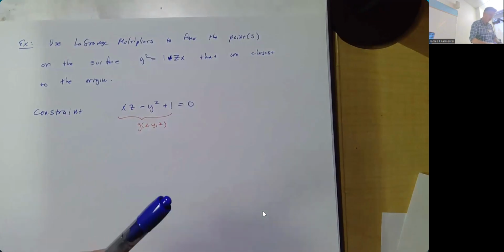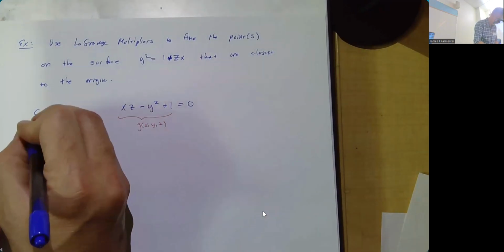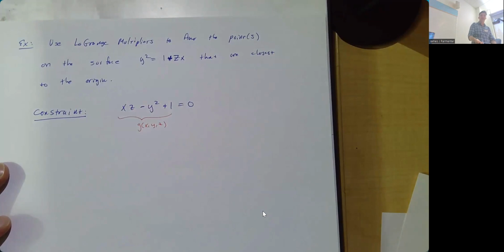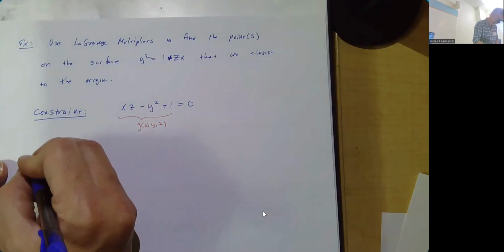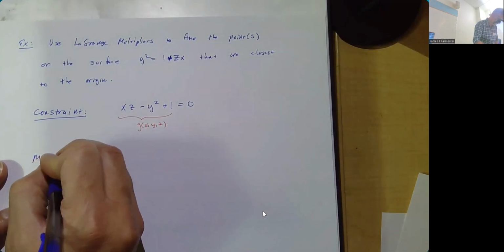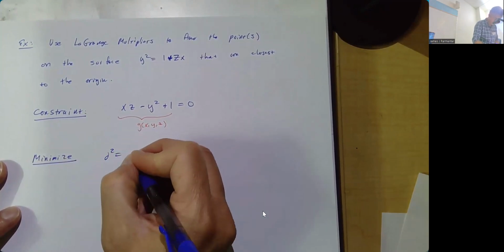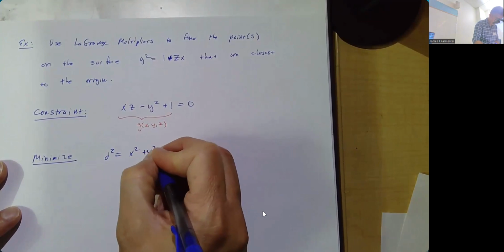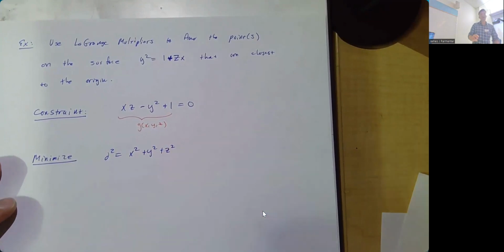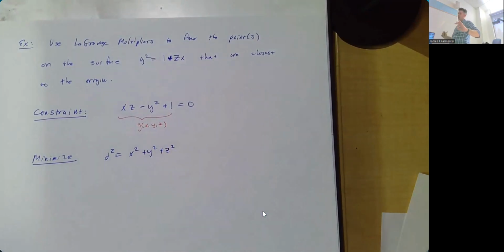My thing I'm trying to minimize, because I'm definitely trying to minimize the distance if I'm trying to find the point that's closest, is the distance squared. So x squared plus y squared plus z squared. I could see her maybe asking a question like this using a different point other than the origin, although it probably makes it a little complicated.